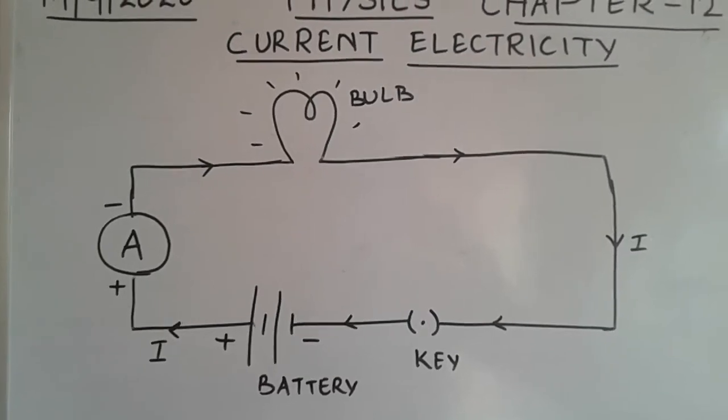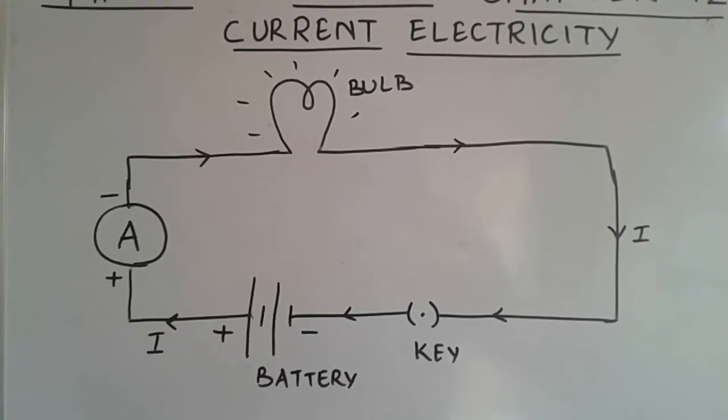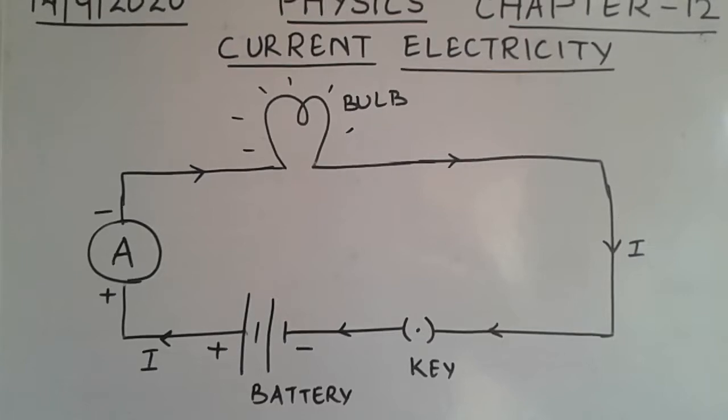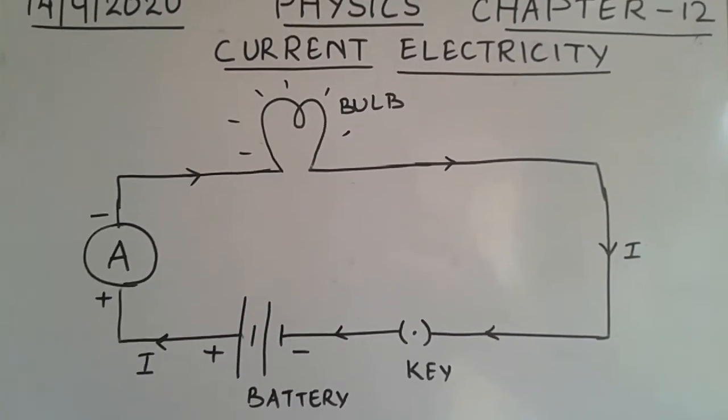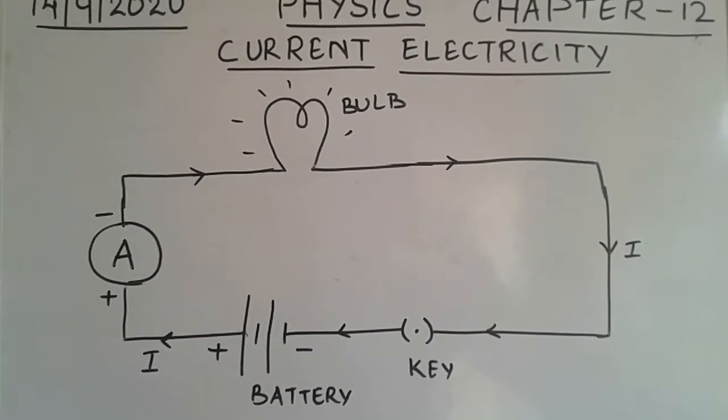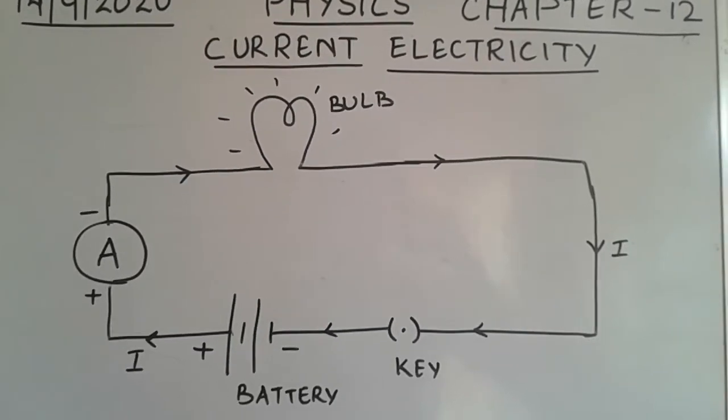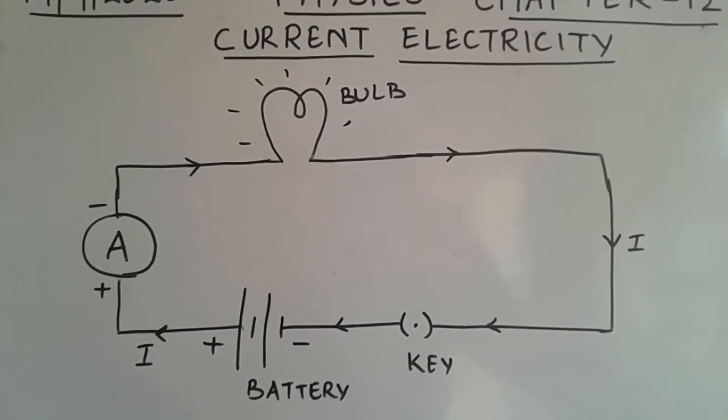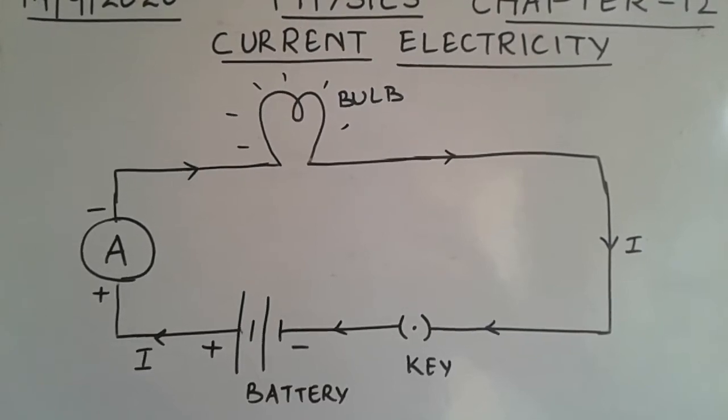Just like, children, we have seen in the two examples that unless and until there is a difference in the level of water or difference in height, the ball or the water does not move from its place. If the level is equal, then it is not going to move.